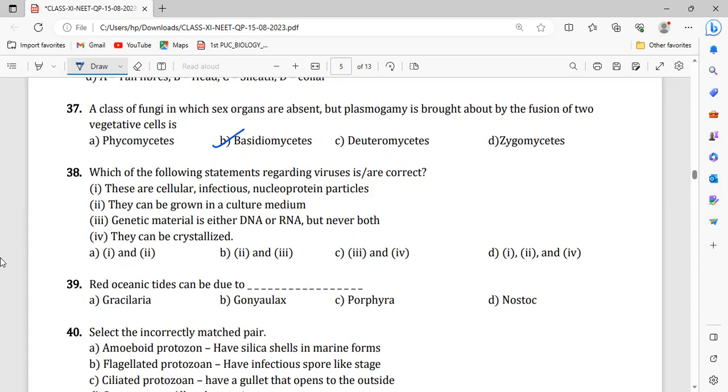Then 38. Which of the following statements regarding viruses is correct? The first one, these are cellular. They are not cellular, they are acellular particles. Then infectious, it is correct. They are nucleoprotein particles, also correct. They are made up of genetic material, that is nucleic acid, and a protein coat. So they are nucleoprotein particles. They can be grown in a culture medium.